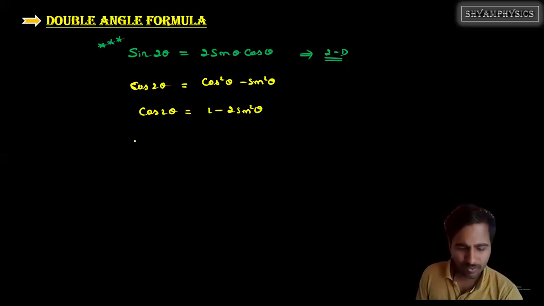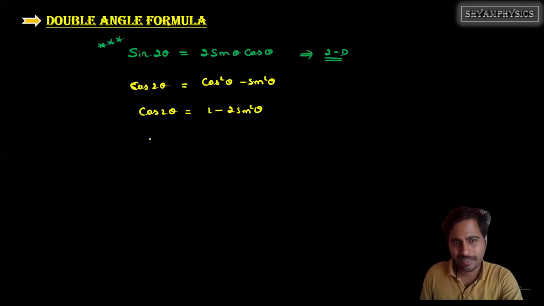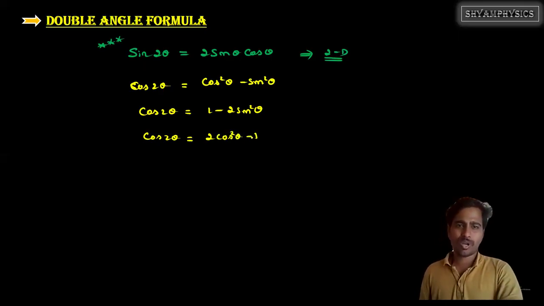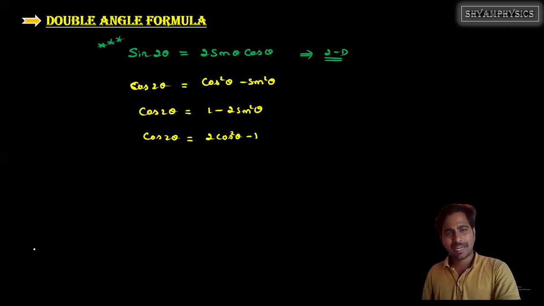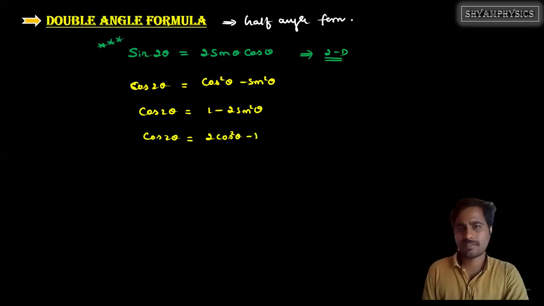Or else cos 2 theta is equal to 2 cos square theta minus 1. These are all the formulas which you need to remember. Simple. We call this the double angle formula, or also we can remember this as the half angle formulas.